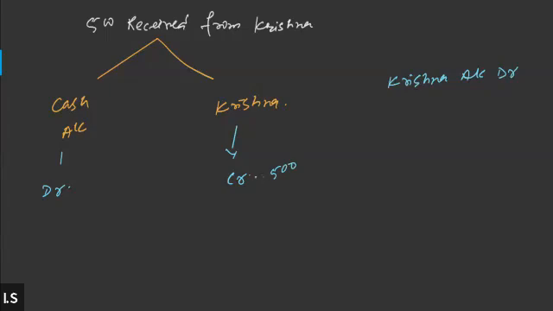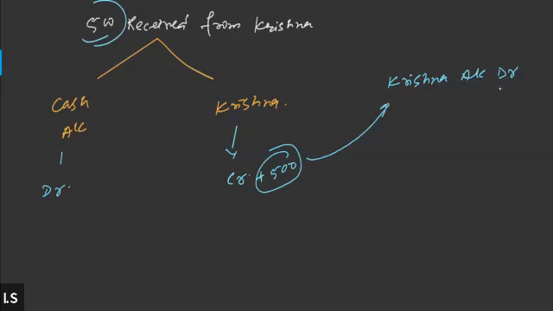So firstly, to rectify this we will have to debit it, and that nullifies the effect of the earlier entry. But to actually record the transaction, we now have to debit the Krishna account by 500 more.